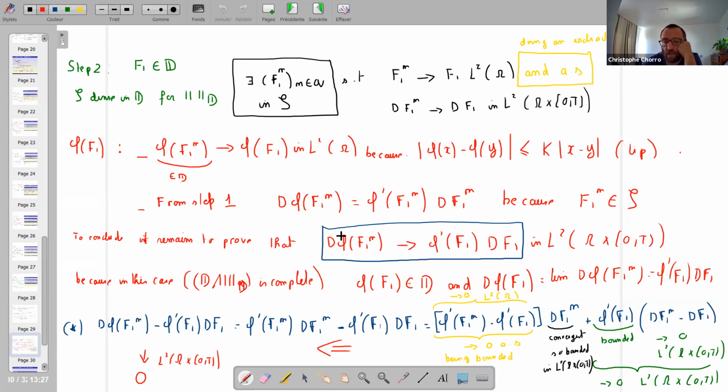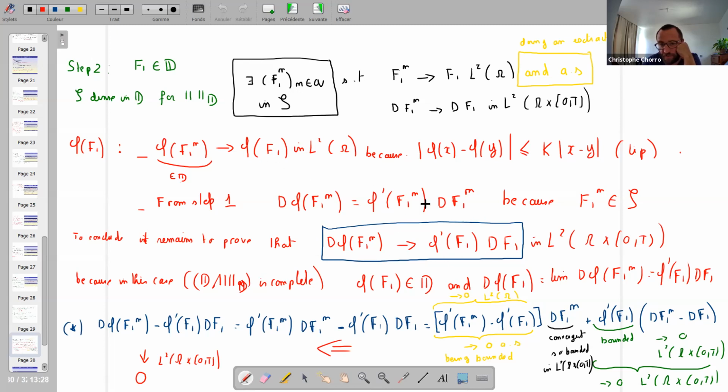And then I see that phi of F1n, that is a natural approximation of phi of F1 because F1n is a natural approximation of F1, I have the convergence in L2 of this one. I have the convergence of this term in L2 of omega times 0 capital T toward this limit. And so at the end, this one belongs to the domain. And the limit, so the derivative of this one, is just the limit of this derivative that is equal to this one.